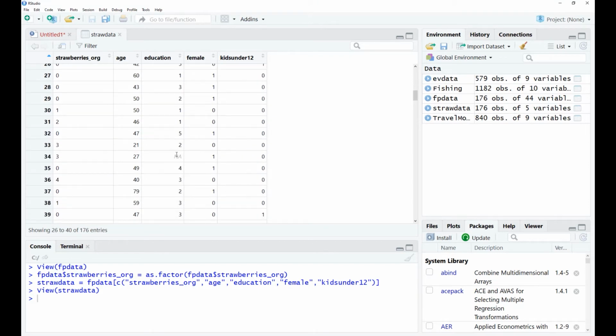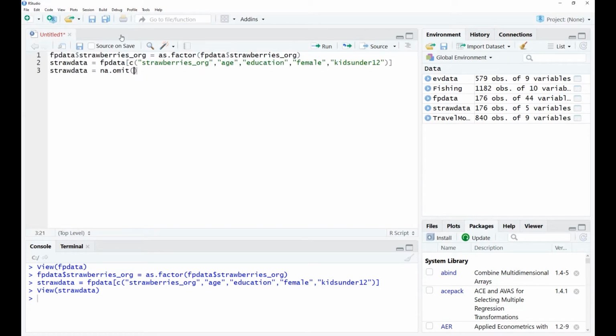For example, we have observation 34, where we do not have information about the education of the respondent. After we apply the function na.omit, this observation is going to be eliminated. So now we are left with 173 respondents.